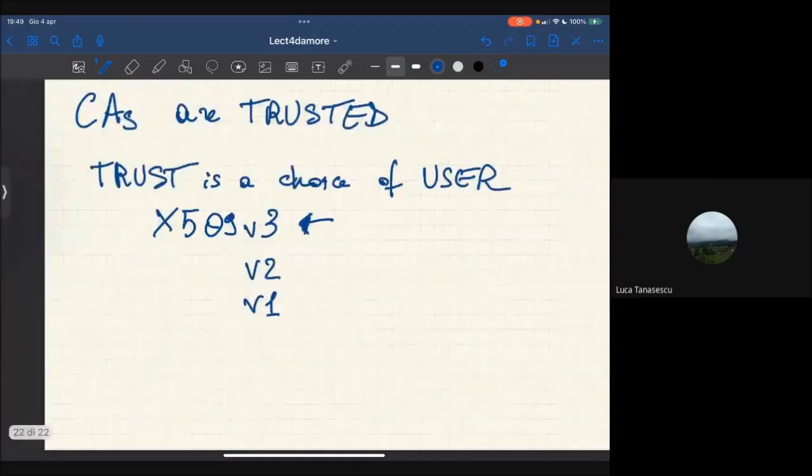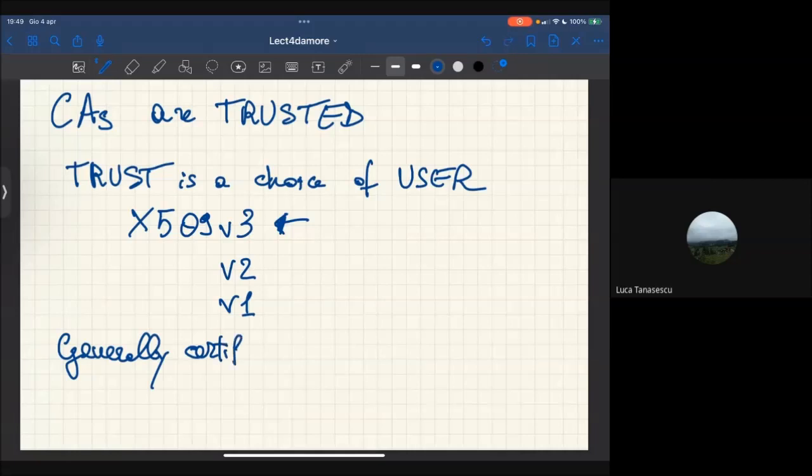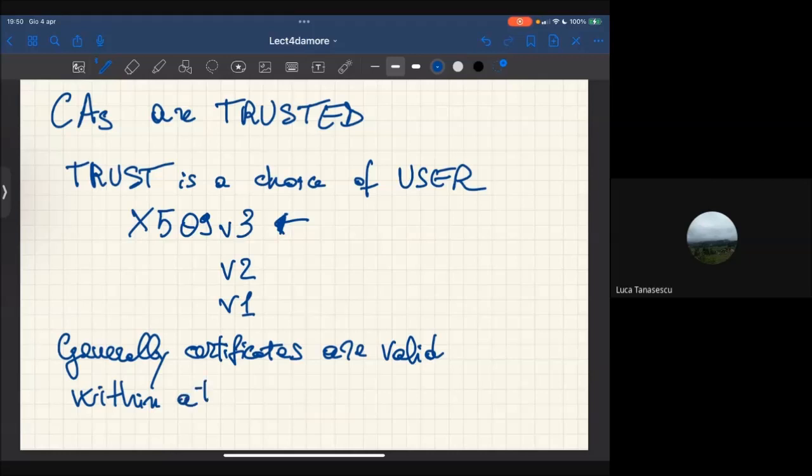So it means that generally certificates are valid within a time interval.